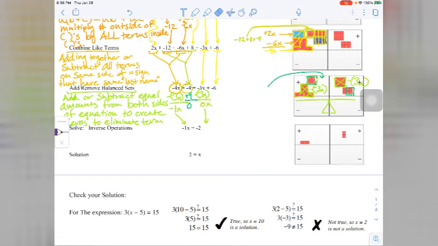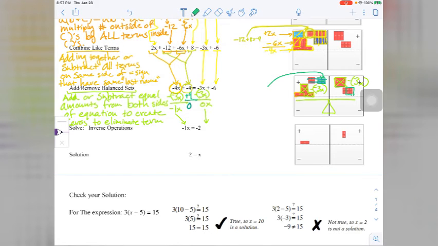There's 4 ones, and I'm going to make them all positive, like the positive tiles. You will see that what that does is make 0 pairs. I have 4 zero pairs there, and so what I'm left with is 0.